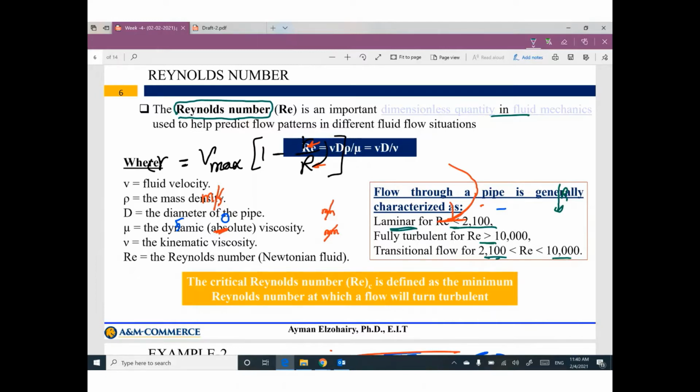And this number, Reynolds number, equals V, velocity, times D, diameter, times rho, which is density, divided by mu, which is the dynamic viscosity, or equals V times D divided by nu.